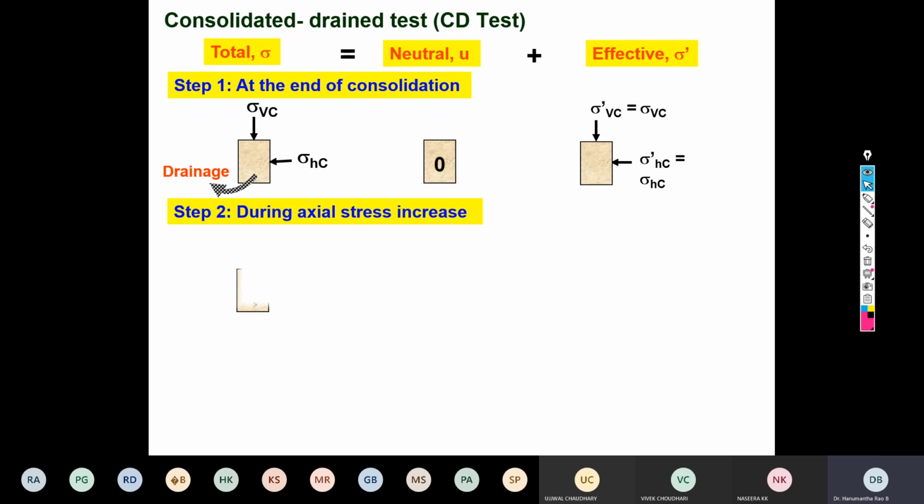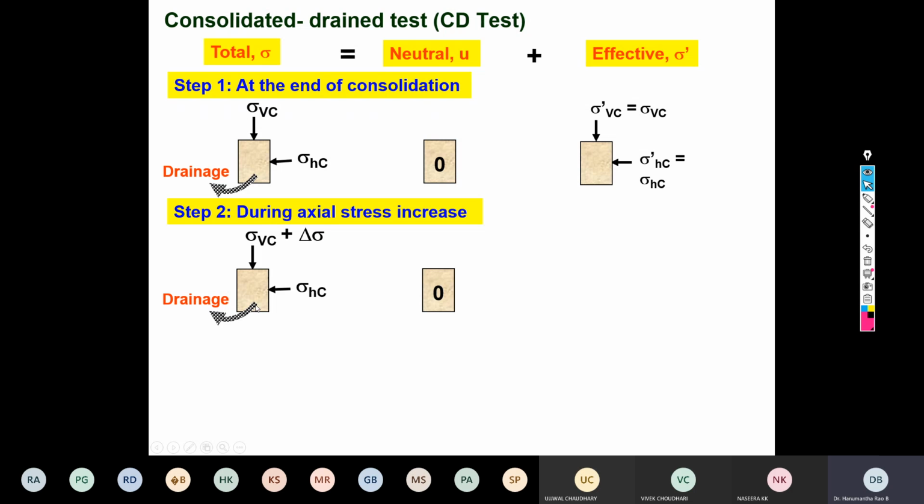Now during the shearing stage, we apply initially the total stress of sigma vc, but in the case of the CD test, the valve is opened during the shearing stage as well. On top of the initial confining pressure, we are also applying the deviator stress, that is delta sigma.